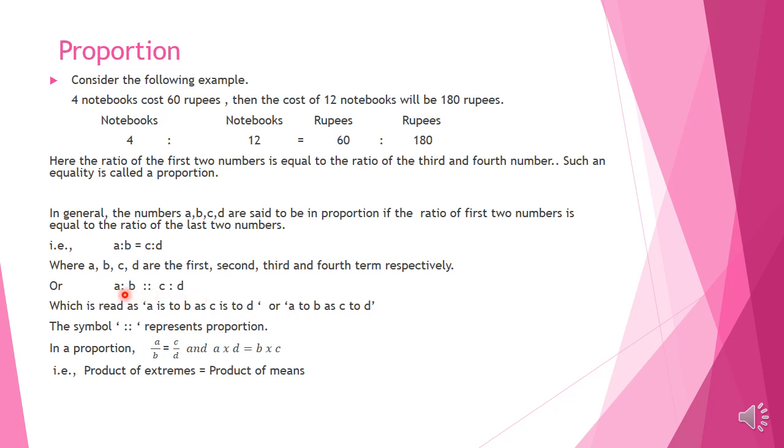So we can say the product of first and last terms is equal to product of the middle terms, means. Okay children, this is an important rule about the proportion. Product of extremes, first and last terms, is equal to product of the middle terms, second and third terms. Okay children.